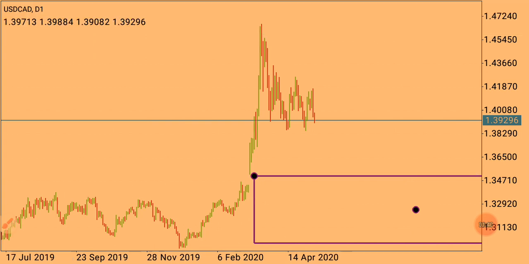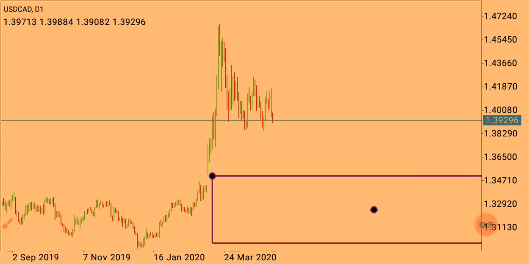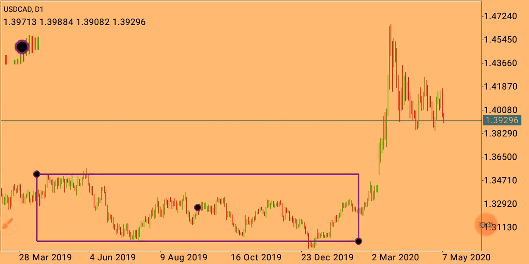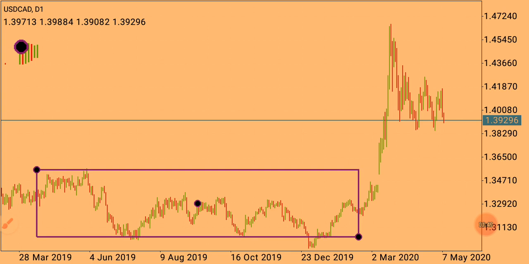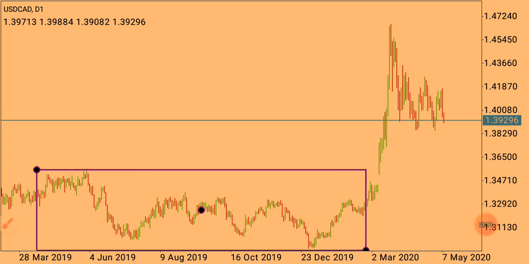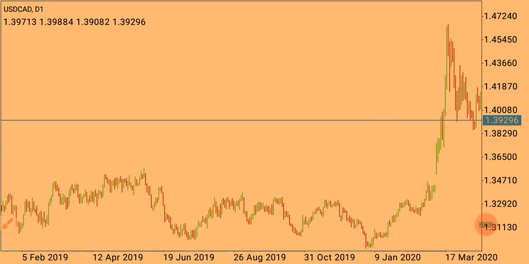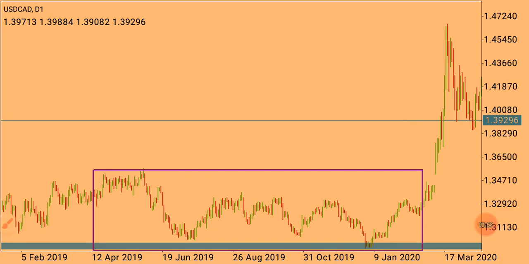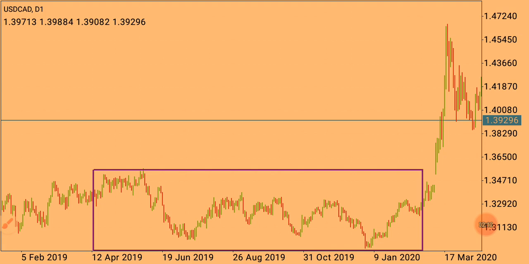Before the breakout, you see the price of this particular currency pair has been in a ranging market, which is currently also a downward market, but ranging. We'll be using that as an edge, because this is a price action strategy right here.